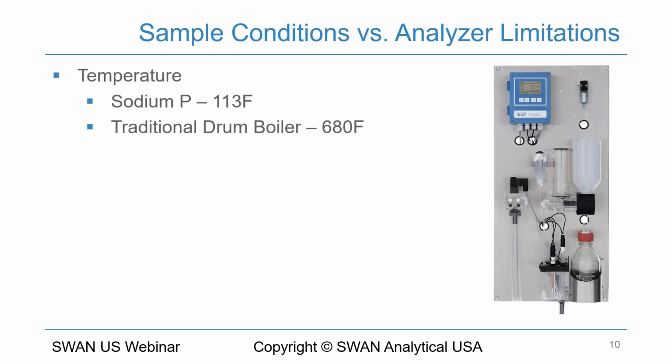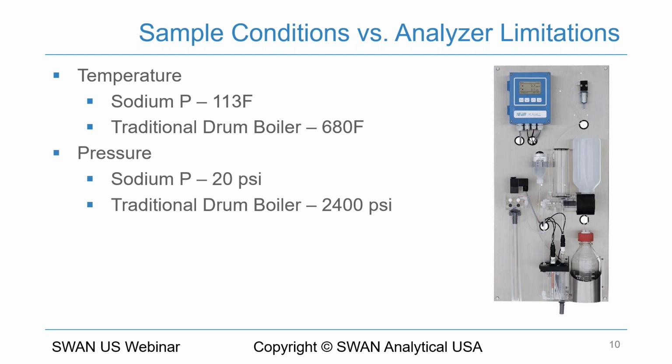As you can see here, with temperature, the reason why we're concerned is actually several points, but if we look at a sodium analyzer here, you can see that the maximum temperature that analyzer can operate at is 113 degrees Fahrenheit. If we look at what a traditional drum boiler operates at, 680 degrees Fahrenheit would be typical. That is not going to work bringing that sample directly to the analyzer.